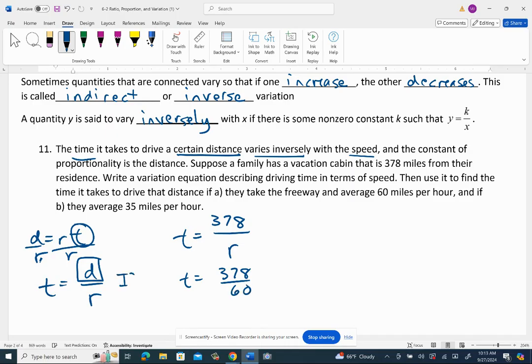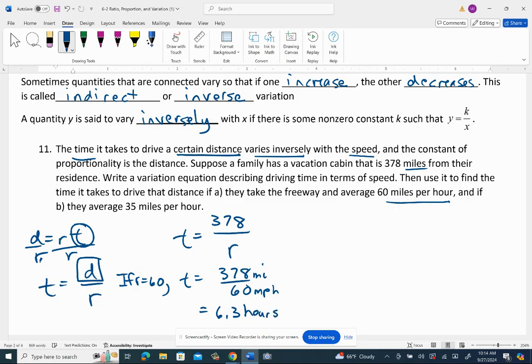So if r equaled 60, then we know t would equal 378 divided by 60. And that turns out to be exactly 6.3. And the units on that would be hours, okay? Since this was miles per hour and this was miles, right? So this is miles and this is miles per hour. We know time would then be in hours.